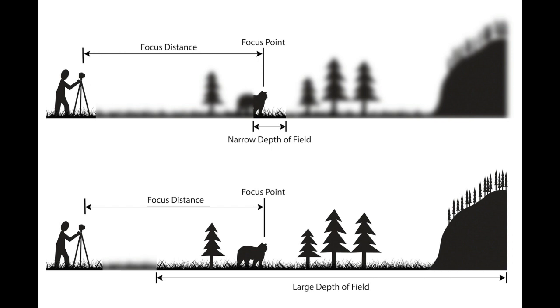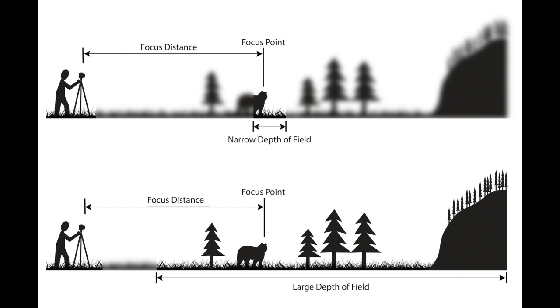All the areas before and after the animal will be blurred. Only the front side of the animal is in focus. As you can see in the picture, the area of focus is very narrow. We call that kind of scenario low depth of field.